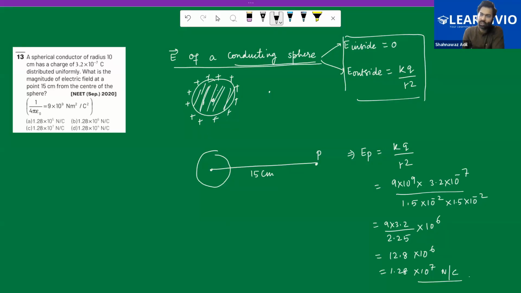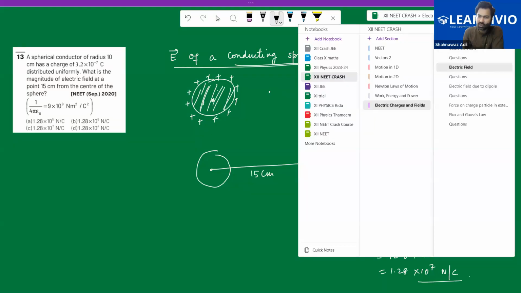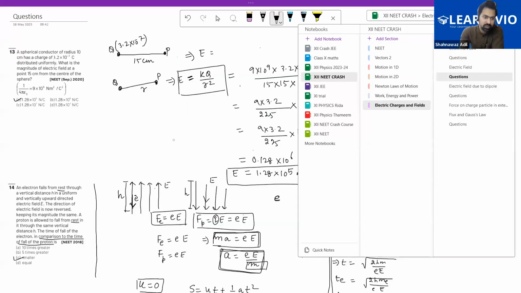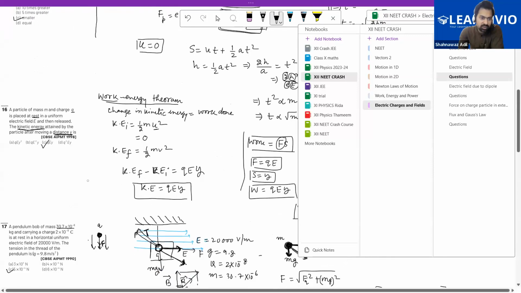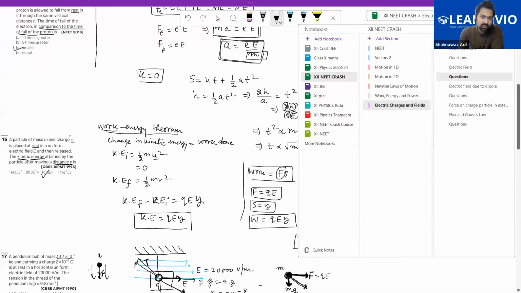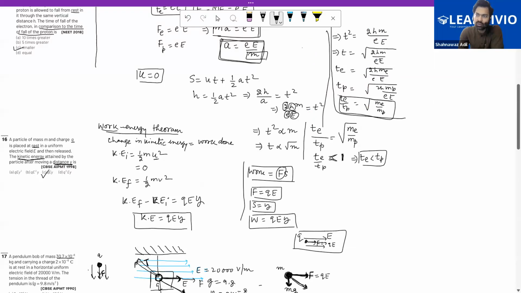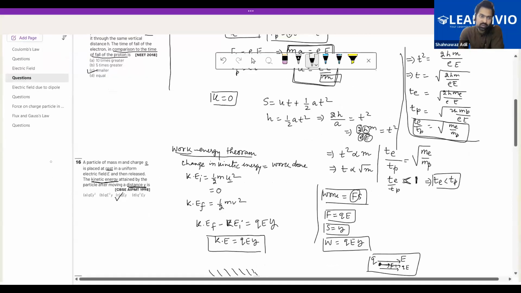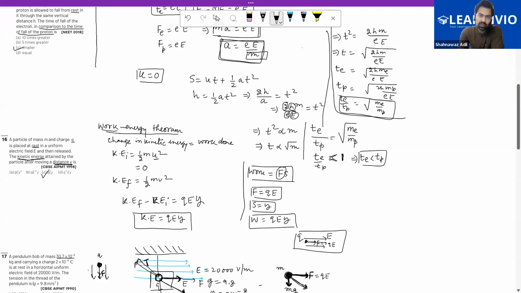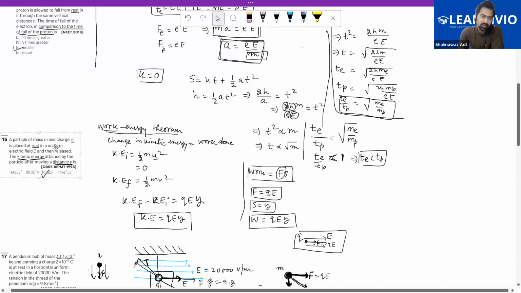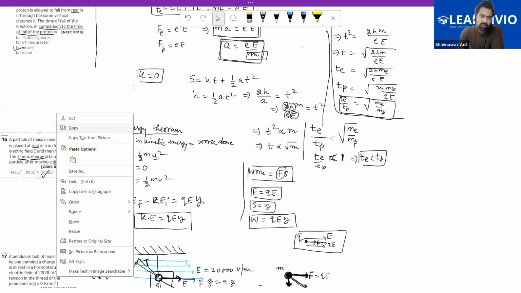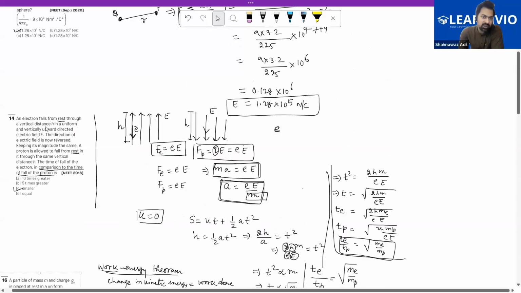So now let's do the other question. Okay, so this one is based on the idea of force on a charged particle due to the external field.